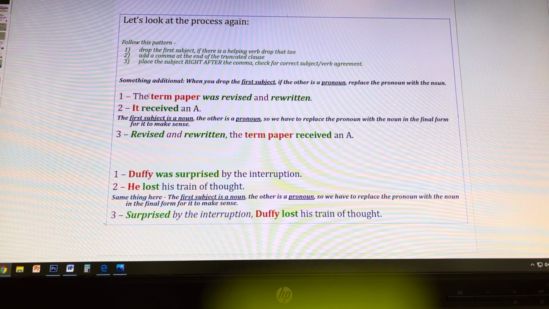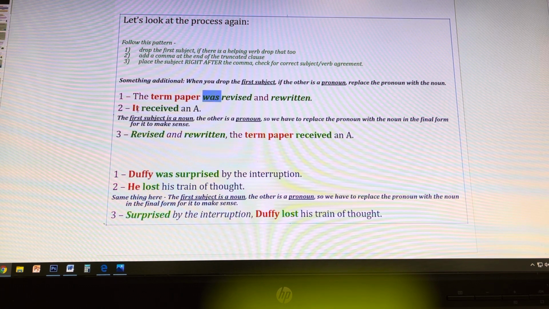So we're going to drop one of them, but remember, this is the subject for both of them. And since it's probably not going to work to say received an A, comma, we could say, if we drop the was, revised and rewritten, comma, the term paper received an A. Now we have to flip term paper from the first one to the second one, because otherwise we don't know what the it is, because we're dropping all of this stuff in front of the verb.